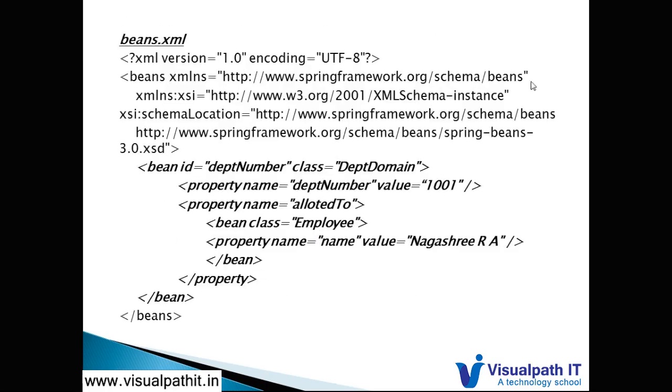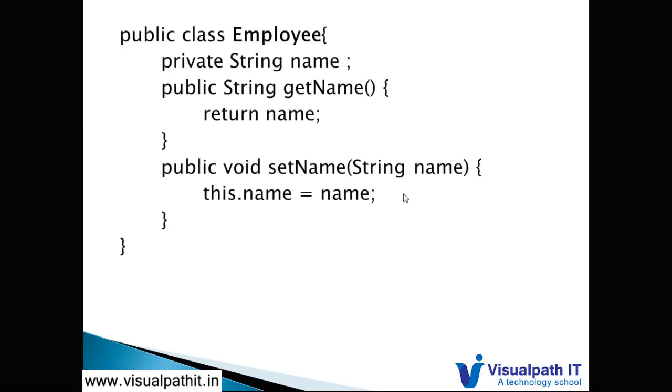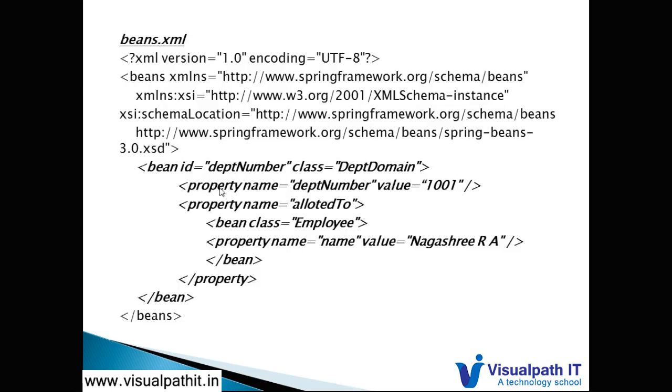Next comes how we define all of these within the beans.xml. In beans.xml, as usual, we have the XSD defined. Within that, we have bean id is equal to this particular department number and department domain. This is the department domain.